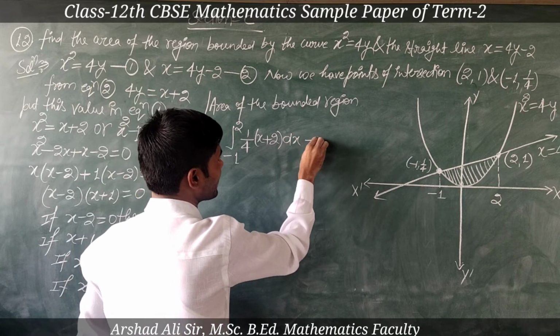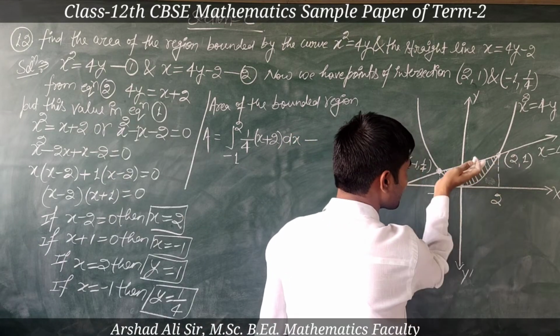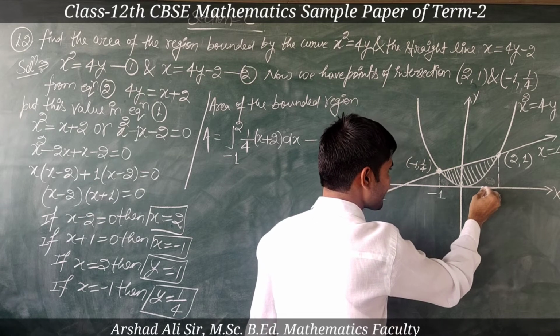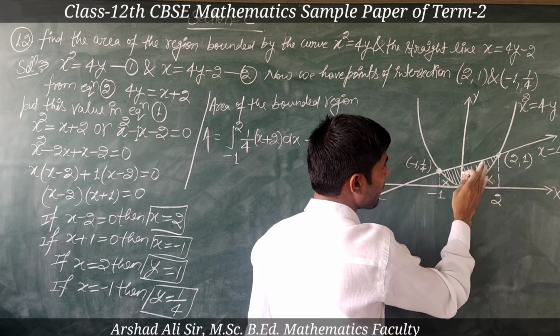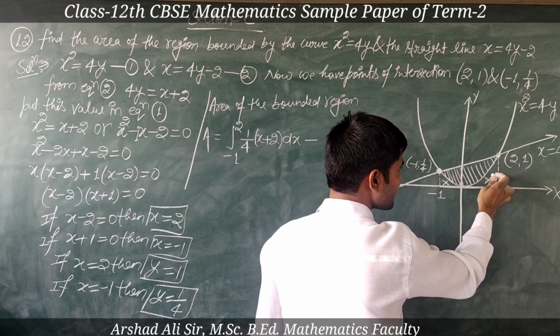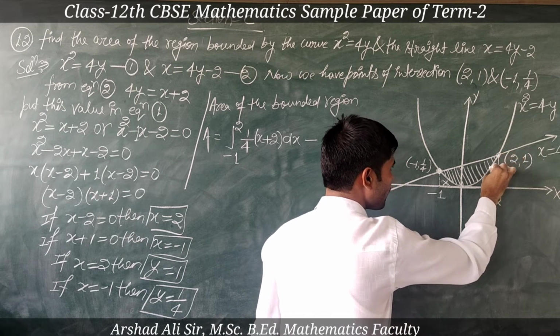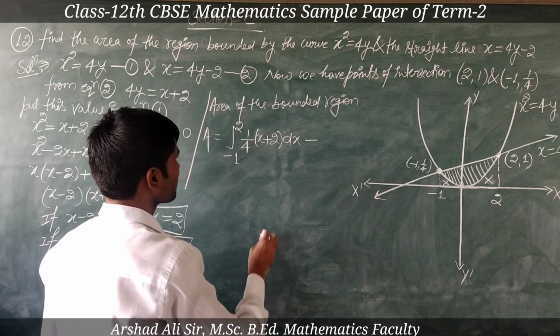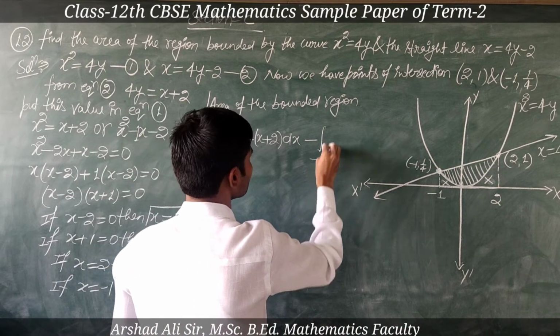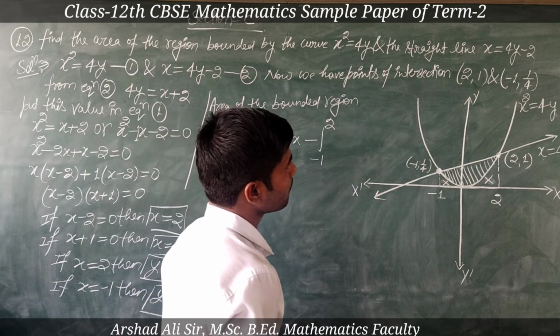Okay, minus this boundary will cover the complete area from the x axis, but we don't want this one area. So we can minus this one area, and this one area is bounded with the boundary of the parabola. Okay, so we can write here limit -1 to 2. What is the equation of the parabola?